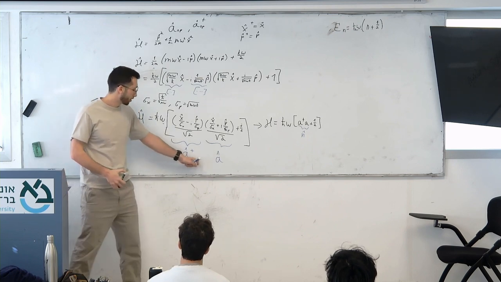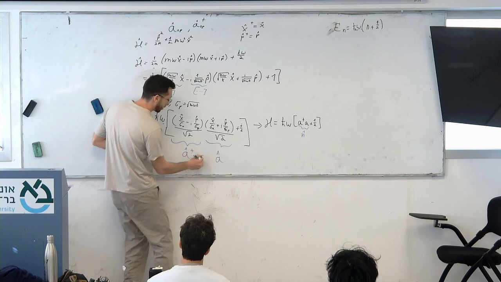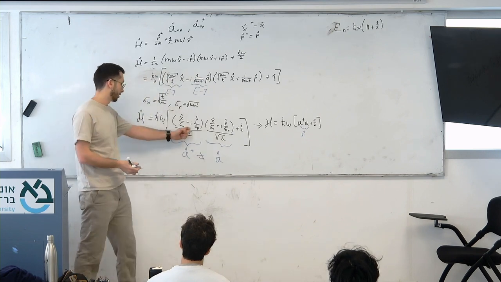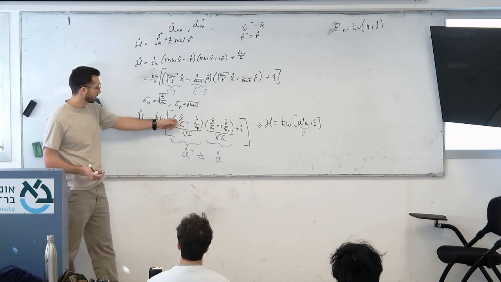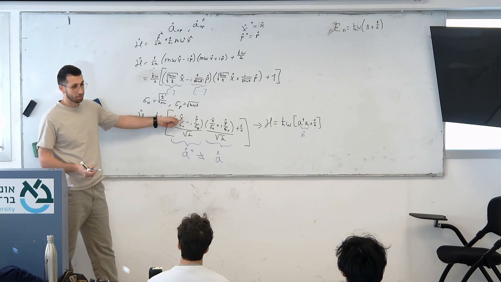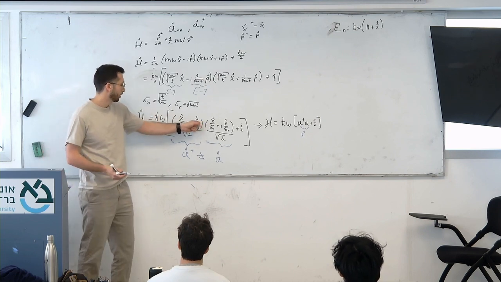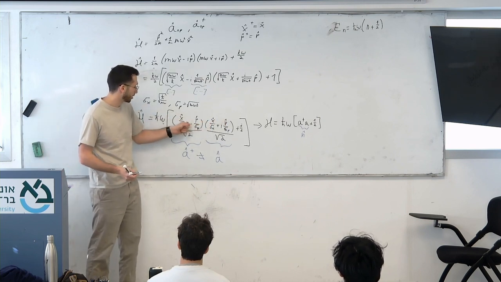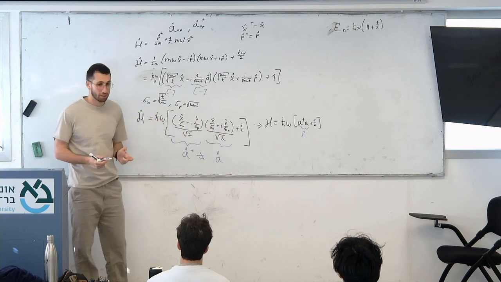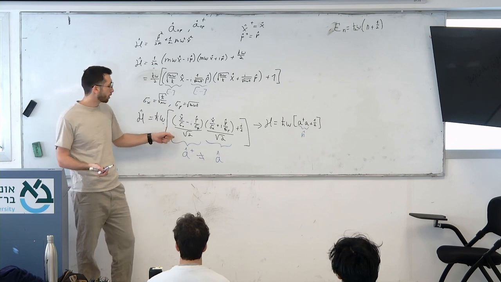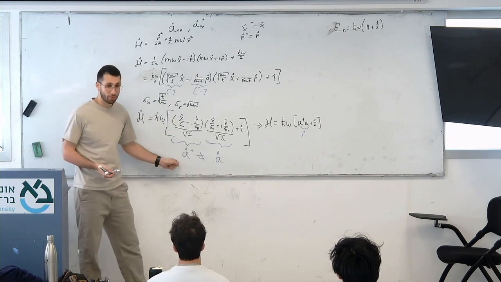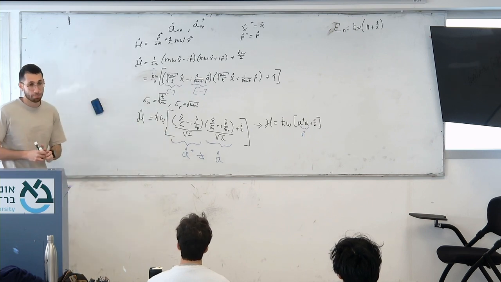A dagger is not equal to A. We can see it here very nicely because we can take the dagger here. We're going to get X dagger, which is the same as X. P is P dagger, the same as P, but here we have a minus and plus I. It's not equal. So if it's not equal, it means we cannot measure this operator in the lab.